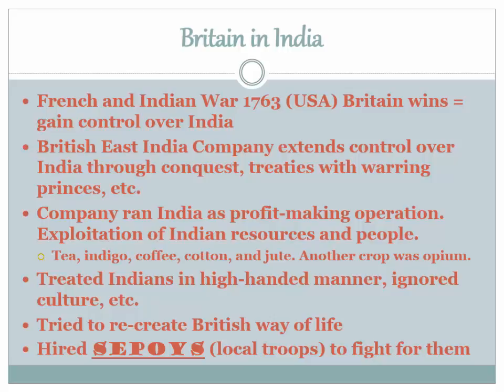Why didn't anyone try to take over India since they had all the resources? Like, France did. France had control of all the ports, but they lost it. Because they lost the French and Indian War in what is now the United States to Great Britain and the colonists. Remember, George Washington was fighting for the Crown during the French and Indian War. He helped win.